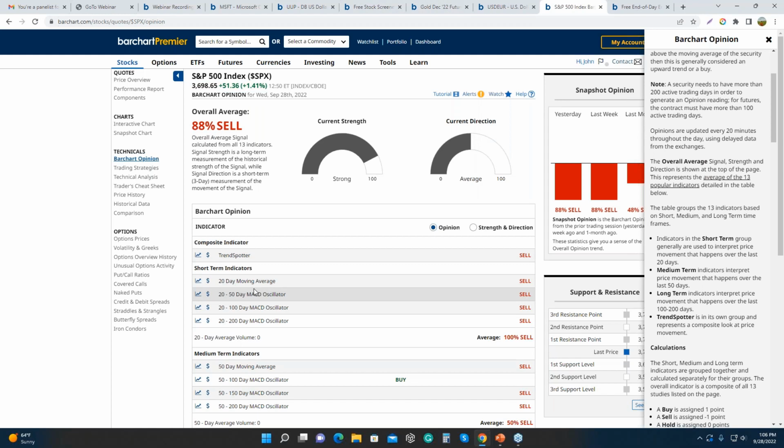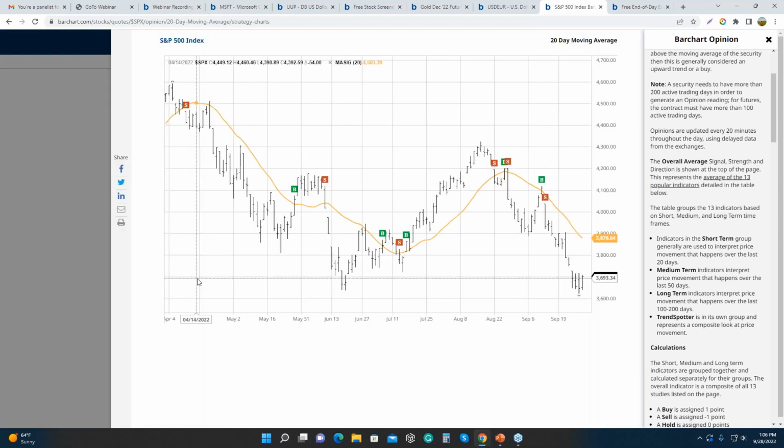So first of all, I'm going to just show you what I'm talking about here. Here's the 20-day moving average for the S&P. If I open that up, you can see here we have a sell signal. The common interpretation of the sell signal is that price has now closed below the moving average.